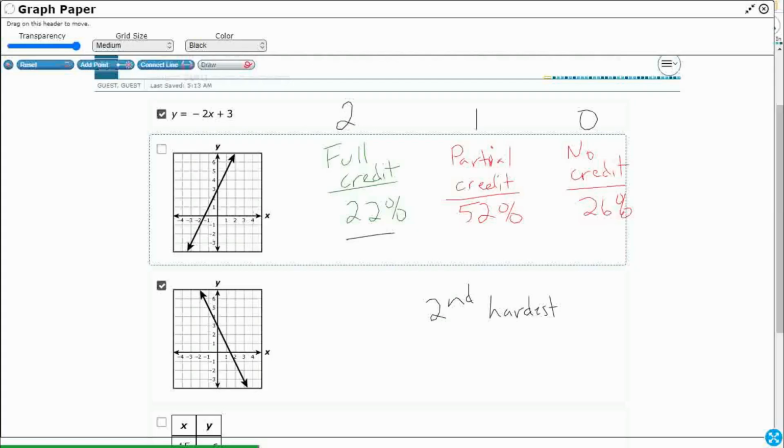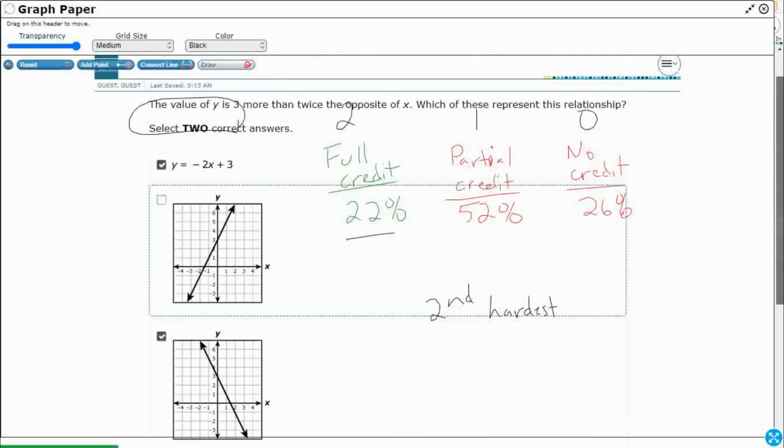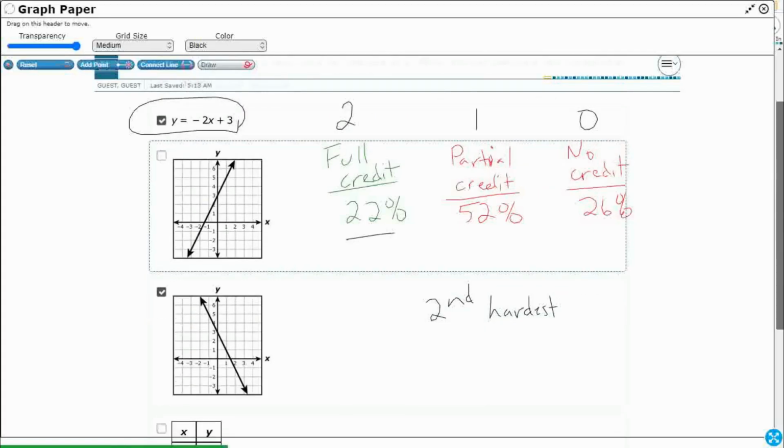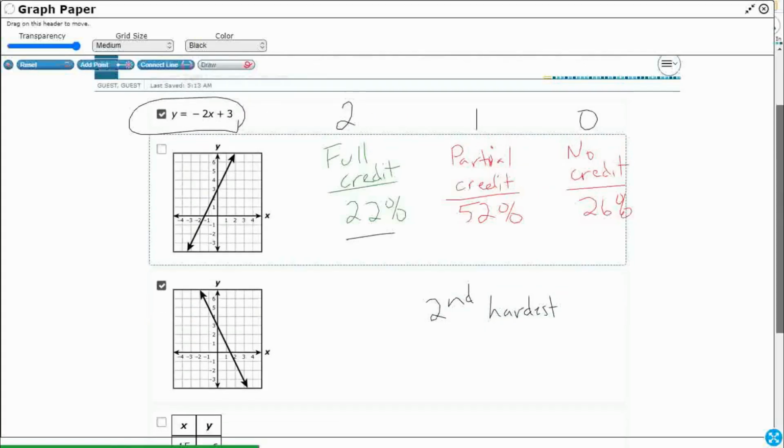If I were to guess, this is just my own supposition, I think a lot of students grabbed this one right here and were able to run with that because it's the only one that's in slope-intercept form. And once you look at that statement at the beginning a few times, it does start to look like that positive 3 twice negative x, or the opposite of x.